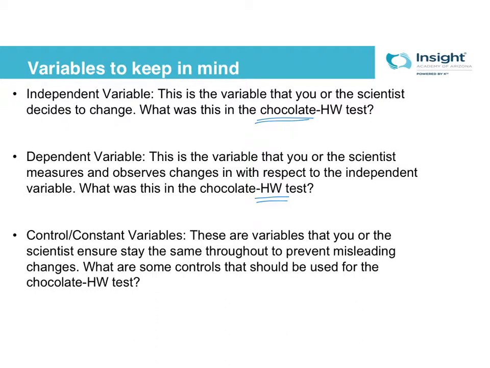So controls or constants are ways that you make your experiment valid in that you're only testing your independent variable and nothing else is potentially causing changes in your homework. All right? So what are some controls or constants that either based on the description or you could think would be a good idea to use in this homework chocolate test?